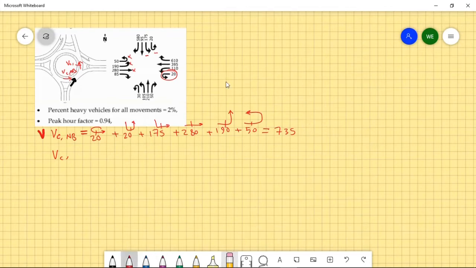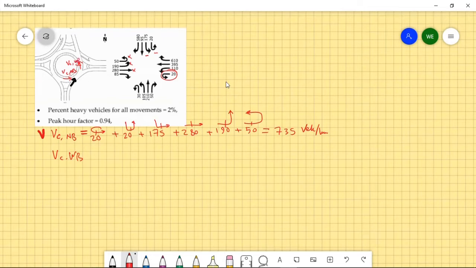So the correct is vehicle per hour. We are going to adjust it later. So, and the same, VC east, no, I'm sorry, westbound. So that's the conflicting volume with the traffic going westbound.